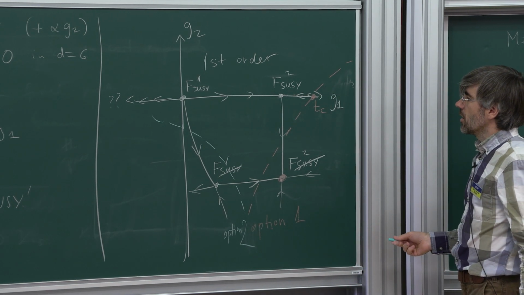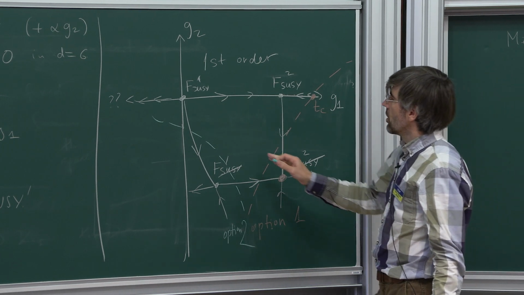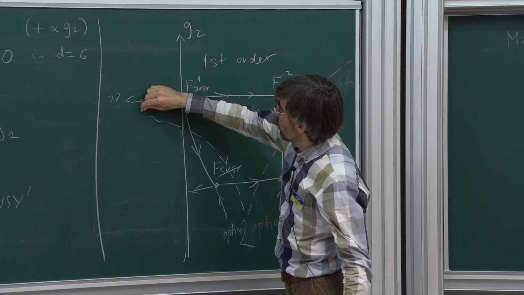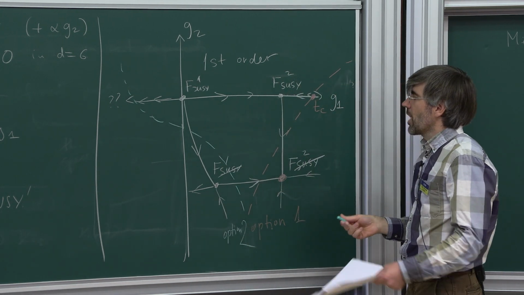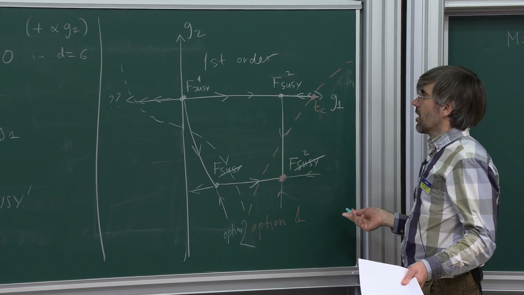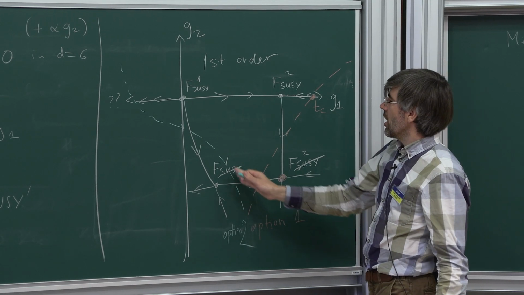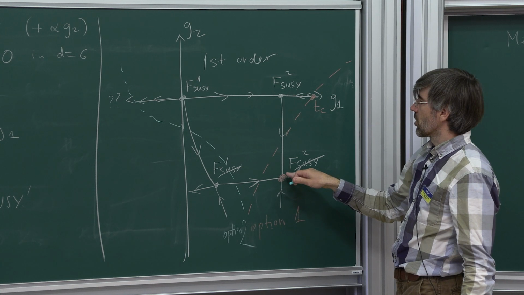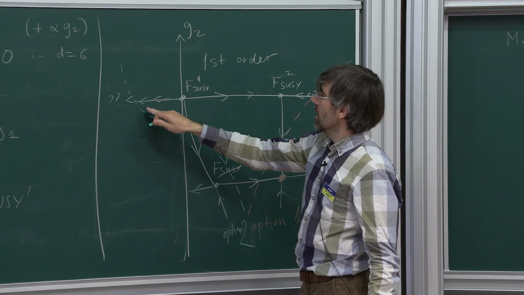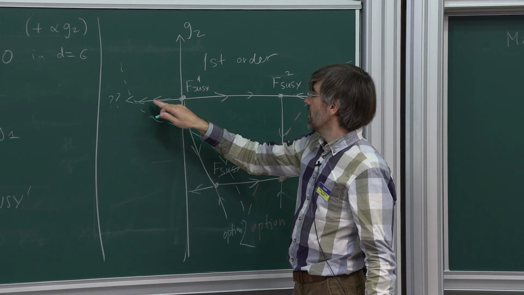Well, in that case, maybe then you just go here, something like that. Well, in that case, you will never see supersymmetric critical exponents, because for a while you will always flow back to this fixed point, which is the non-SUSY one. But then at some point you will cross this line.